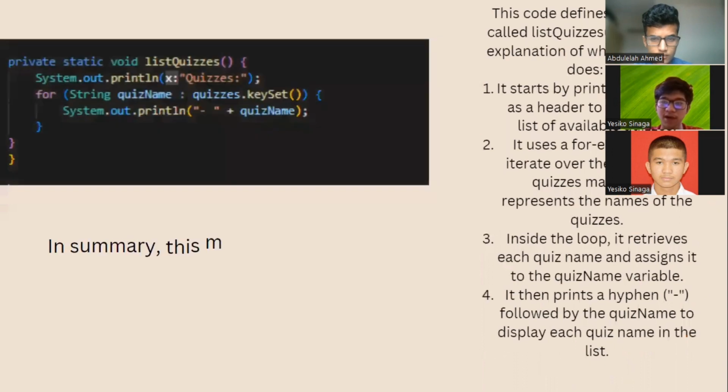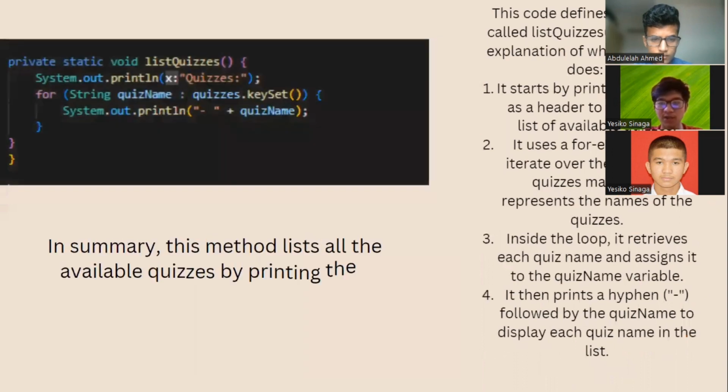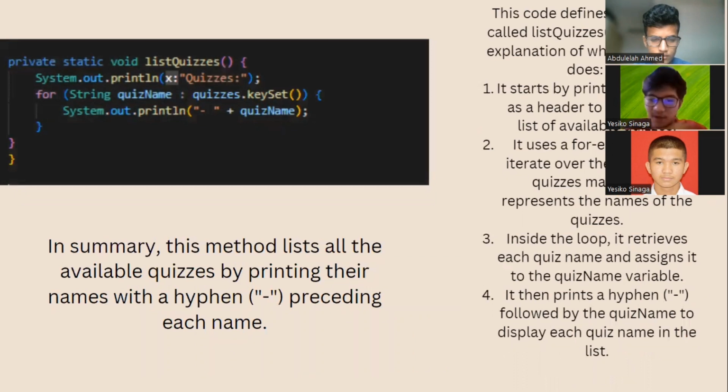This code defines a method called list quizzes. Here's an explanation about it. It starts by printing quizzes as a header to indicate the list of available quizzes. It uses a for each loop to iterate over the keys of the quizzes map, which represent the names of the quizzes.